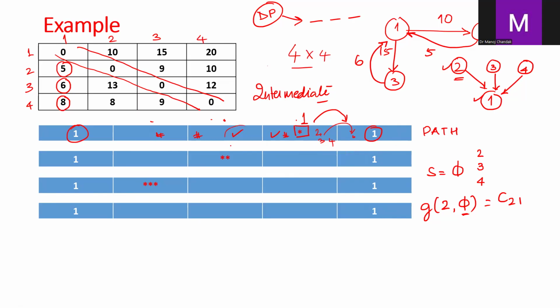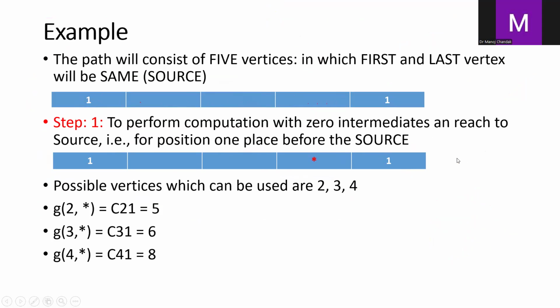But if I say this location, then there is one intermediate. And if I say this location, then there are two intermediates. So in this way, the formula becomes complex when I move backward and I have more number of intermediates. So for example, if I use 3, then I will be just having cost of 31. And if I use 4, then I will be having just cost of 41. So my formula with no intermediate will look like this.